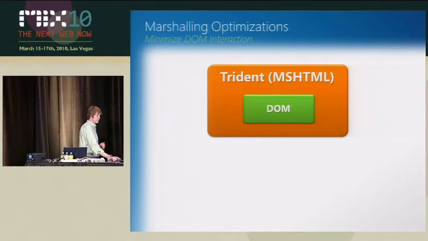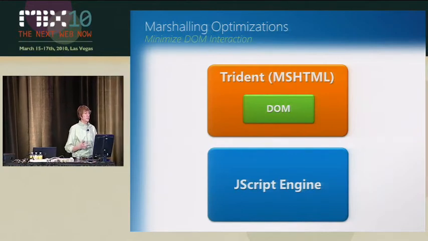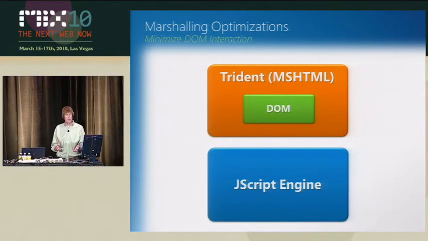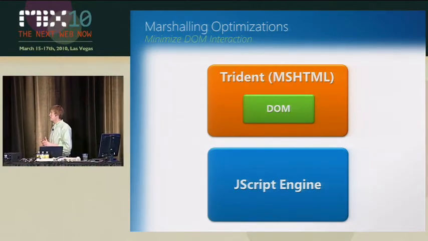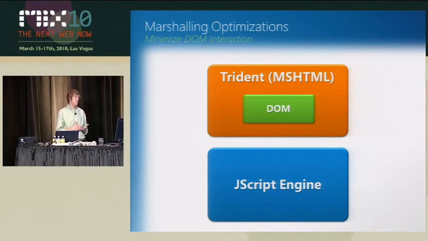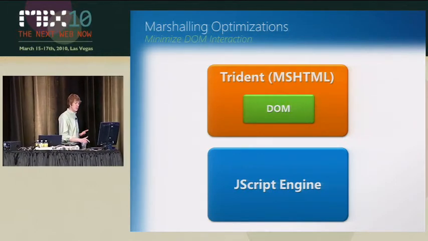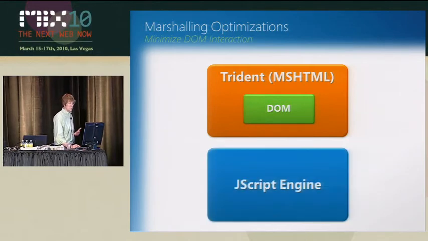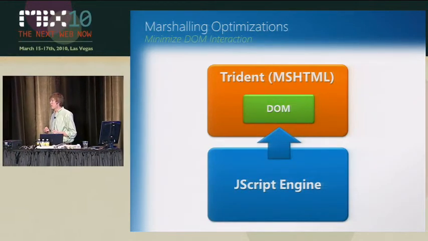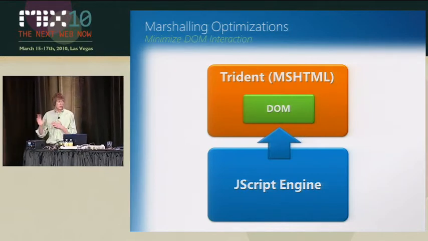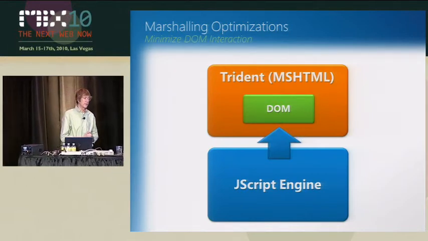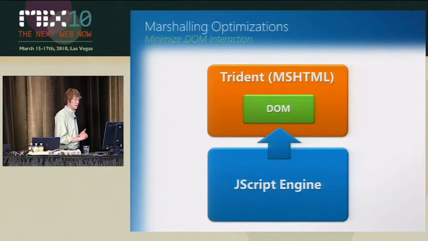The JavaScript engine is an external component. It lives in a separate DLL, and it's used by Trident itself. But when the JavaScript engine goes to talk with the DOM, it has to cross a boundary. And this boundary is what we refer to as marshalling. It kind of comes from the concept of COM marshalling, if any of you have C++ backgrounds.